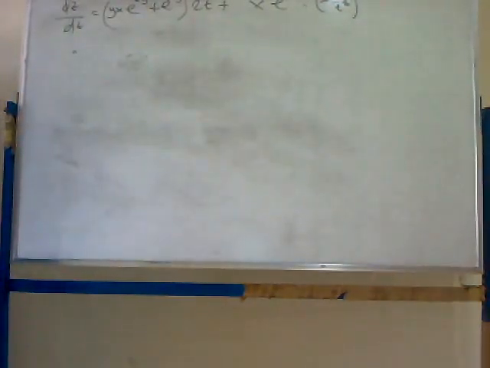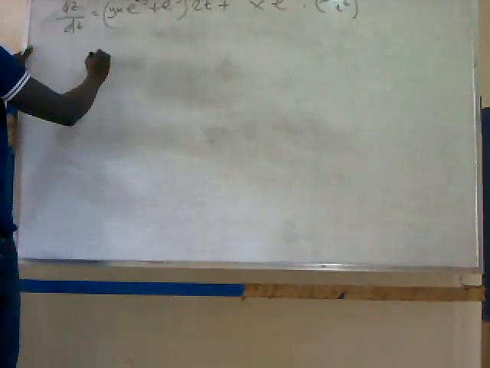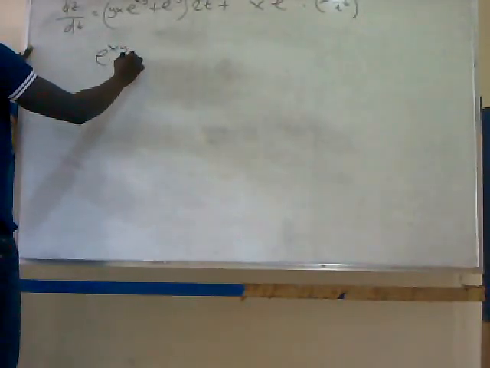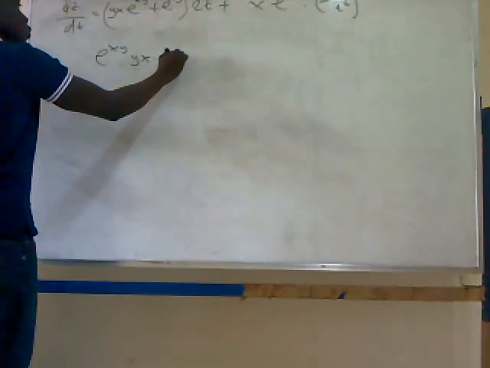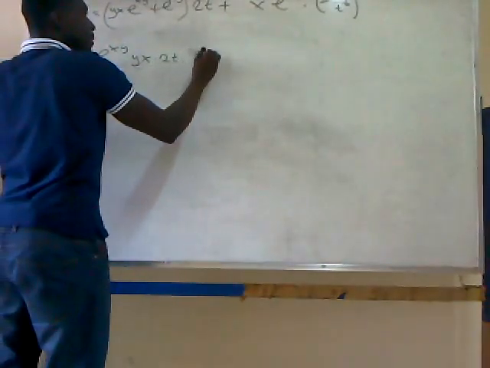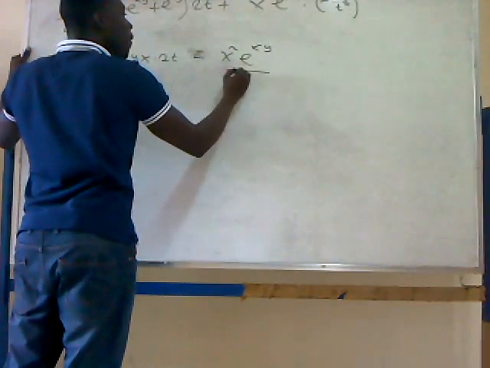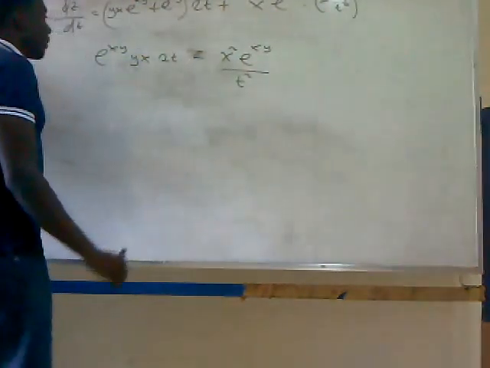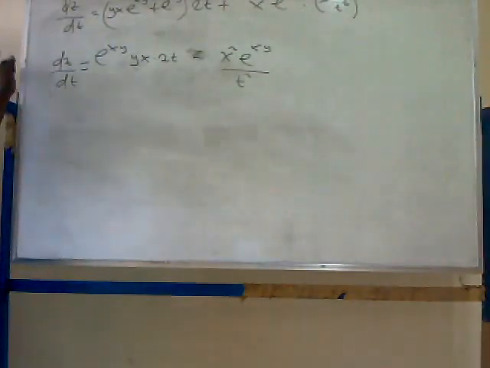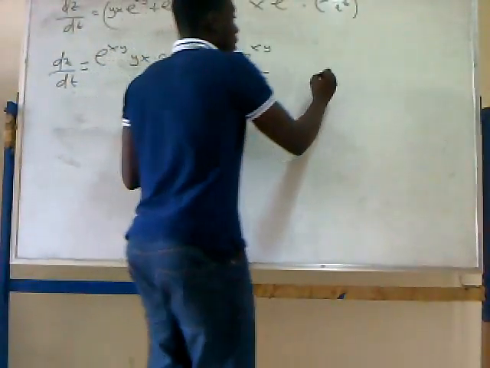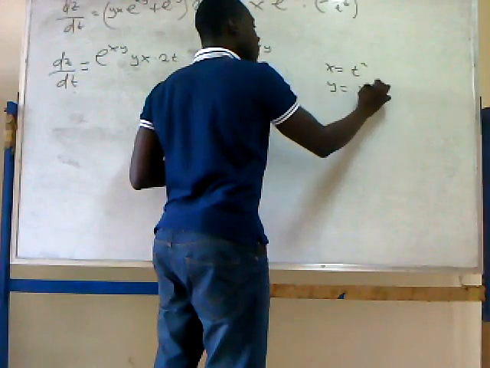Okay. I can write this as, I factorize e^(xy) out here. I have e^(xy) times (yx plus 1) multiplying 2t minus x squared e^(xy) over t squared. This is equal to dz/dt. But we know that x is equal to t squared and y is equal to t to the power minus 1.